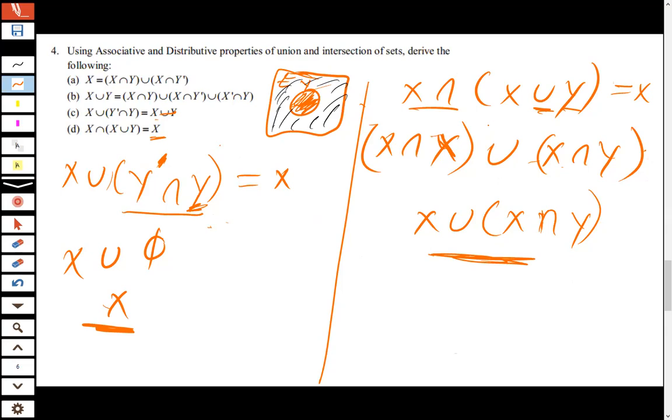So if they said X and Y are disjoint sets, the answer would have given us X here. So that is how you simply do everything. On these two questions, there was an error, so you can try to solve them through and prove as well that there's an error. Okay, let's move on.